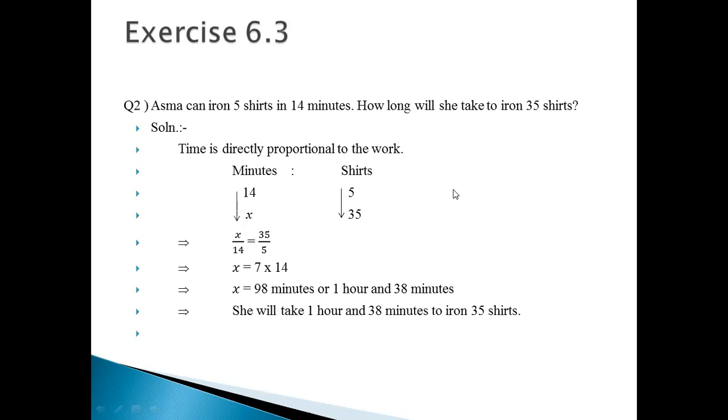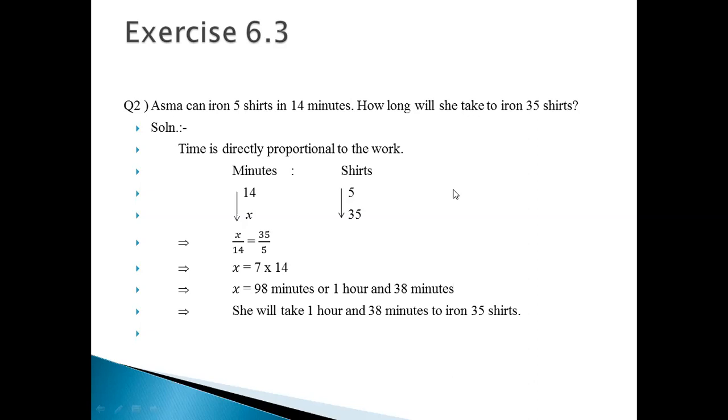The work increases, the time automatically increases. 5 shirts in 14 minutes, 35 shirts, unknown minutes. Minutes must be more than 14. Why? Because in 14 minutes she can only iron 5 shirts. So for 35 shirts, the number of minutes will be increased.